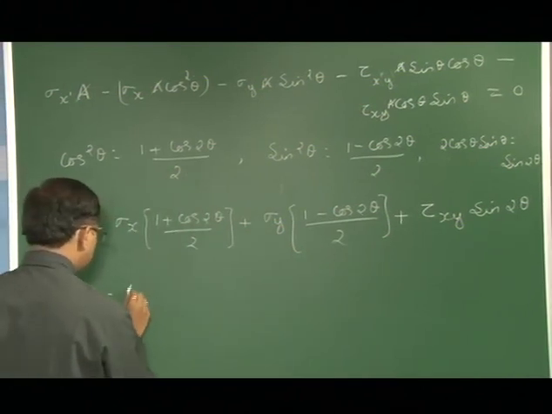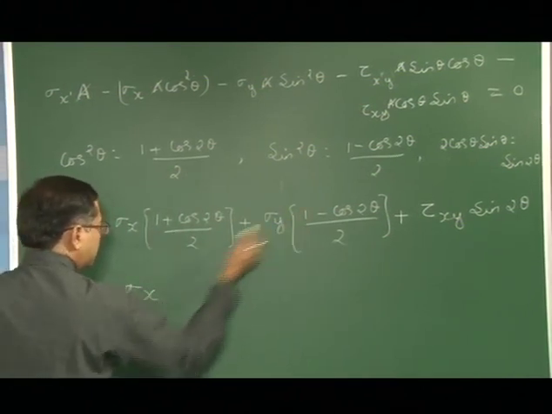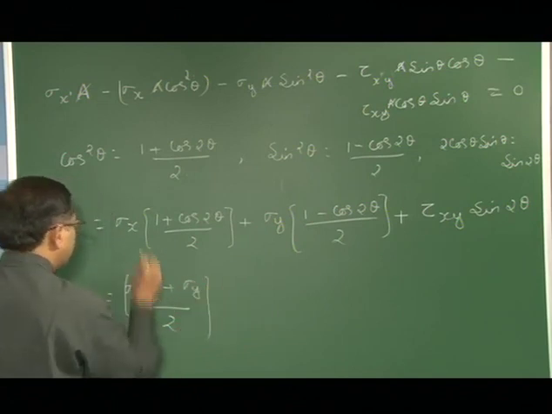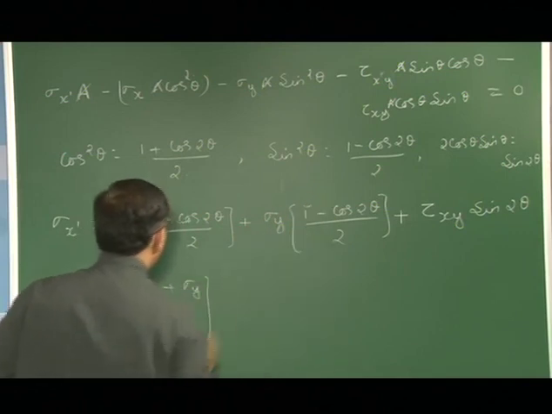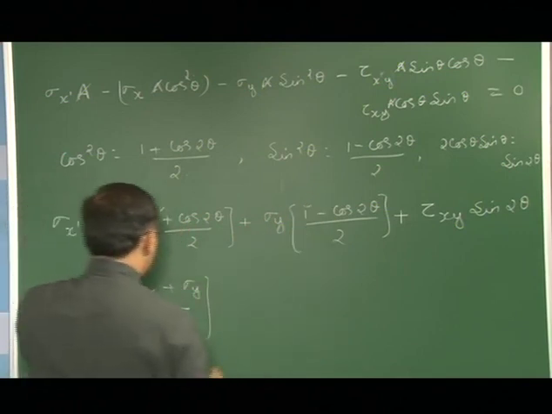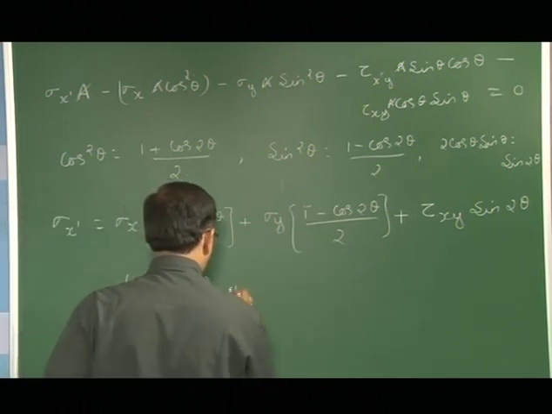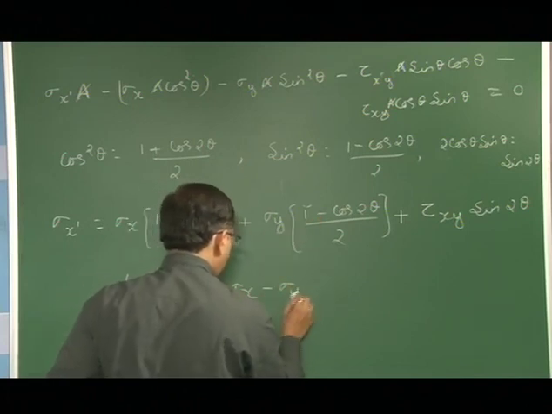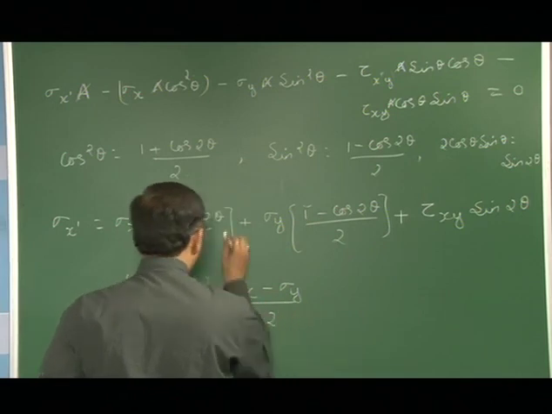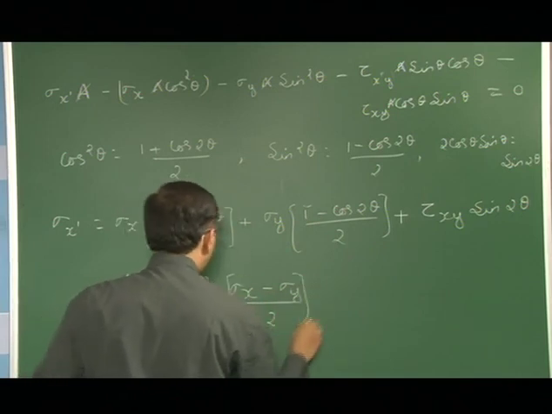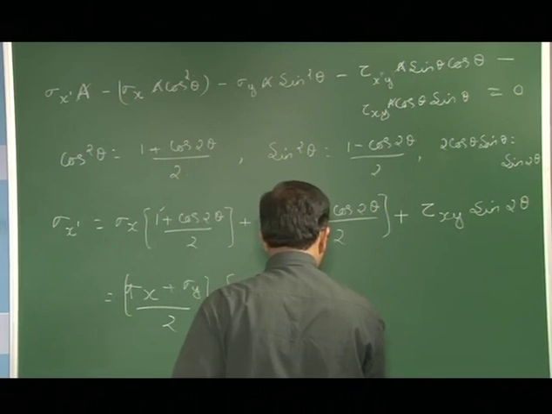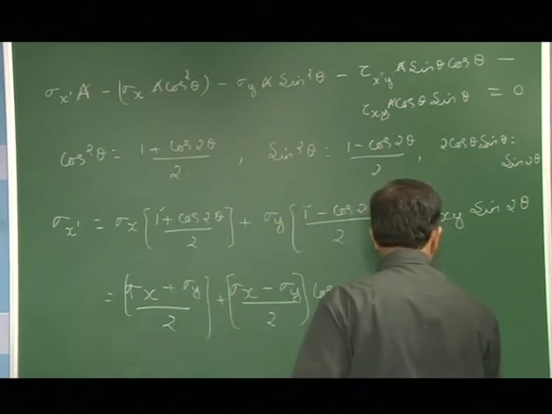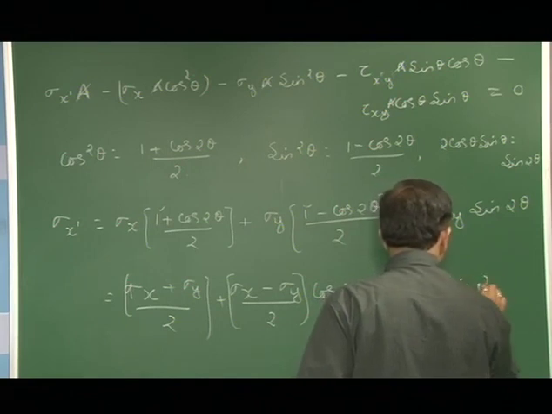I would get sigma x plus sigma y by 2, that is from this and this. Then we have sigma x minus sigma y divided by 2, into the common term cos 2 theta, plus tau xy sin 2 theta.